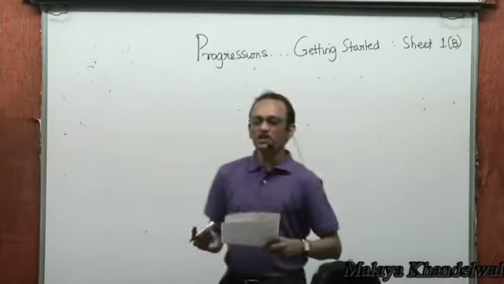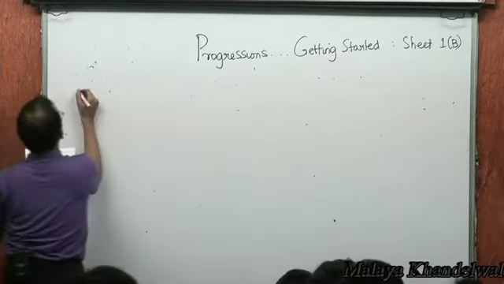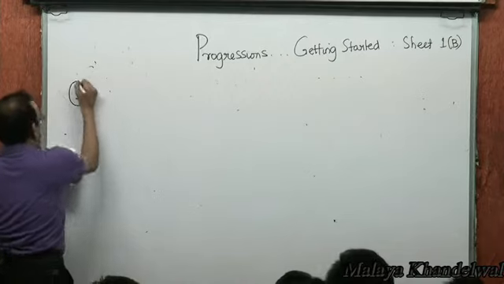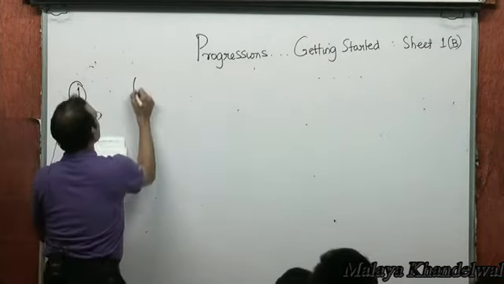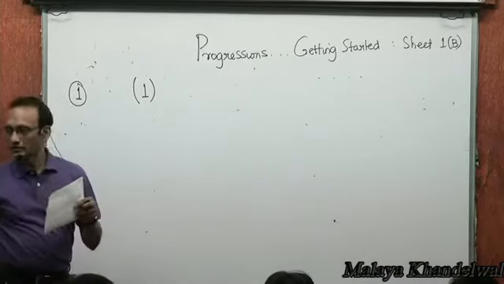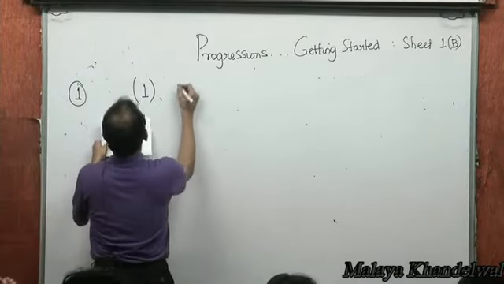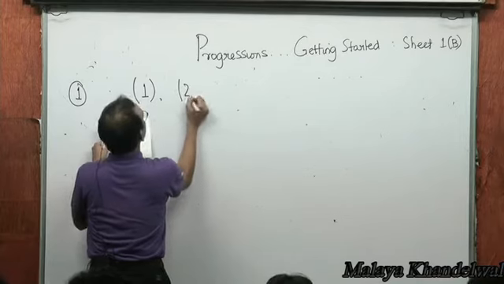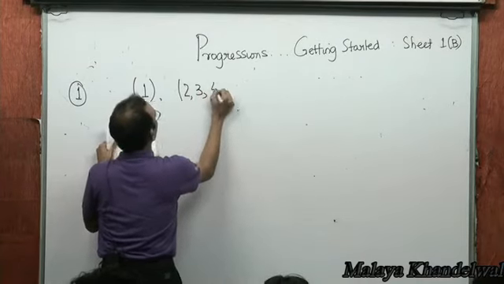So the first problem of the sheet is about the following groups. There is a first group whose term is just 1. Then there is a second group whose terms are 2, 3, 4.